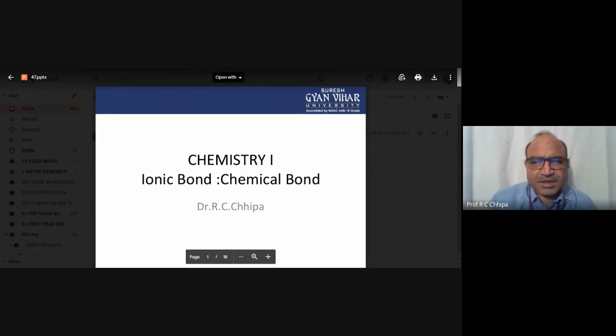Those relate to the atomic size, that is atomic radii. That is one of the properties, and further ones related to it are the ionization potential and the electron affinity.